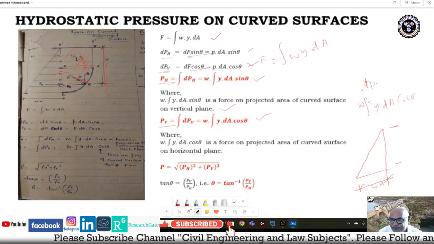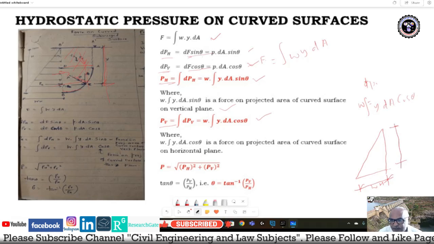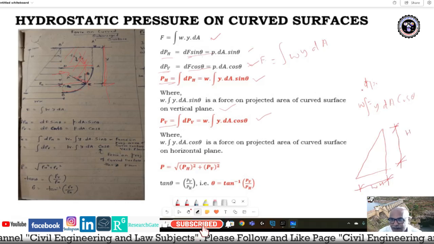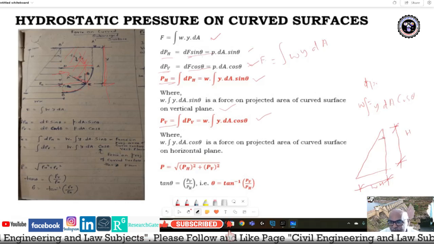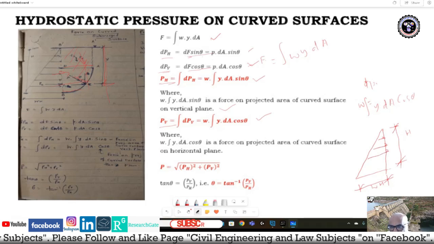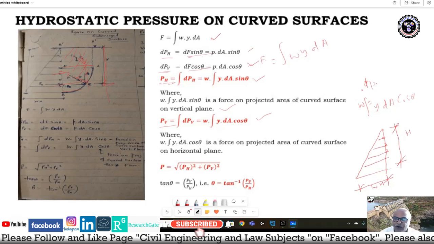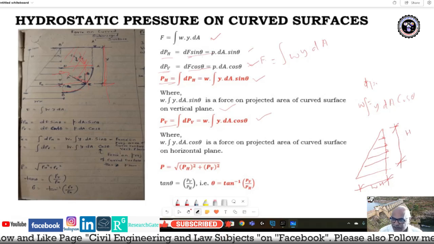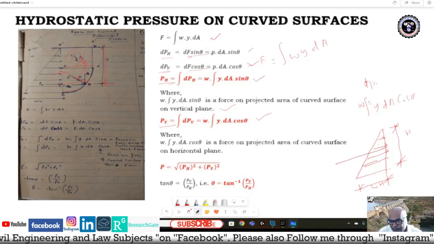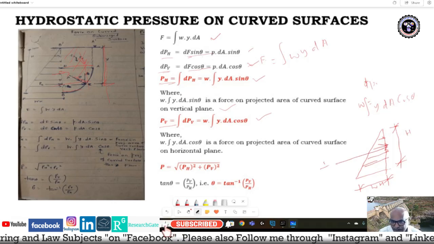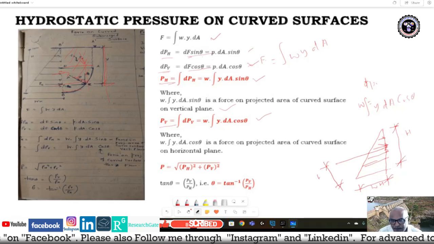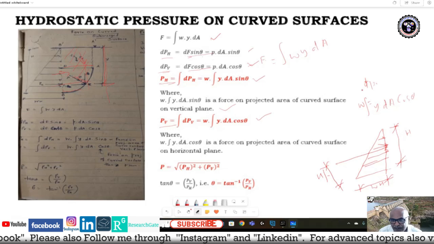This is H. The pressure intensity increases gradually towards the base and is lower at the top, at the free surface. So let us say this will act at H by 3 from the base.